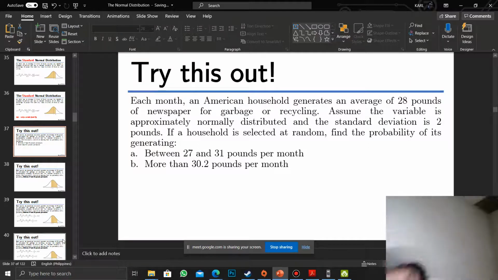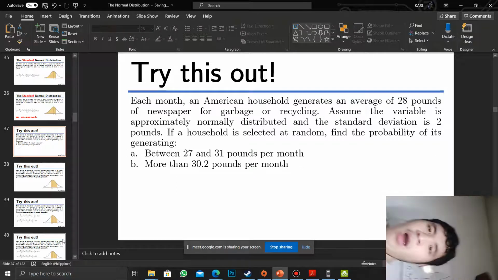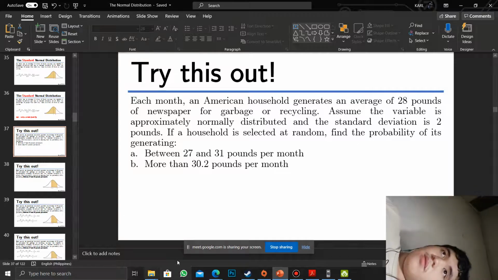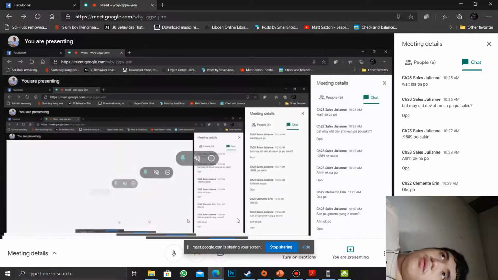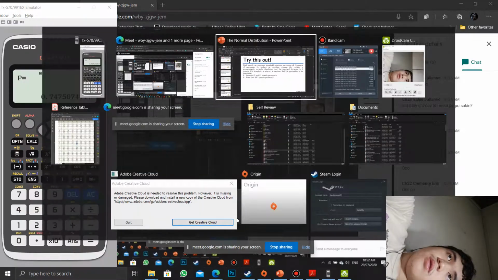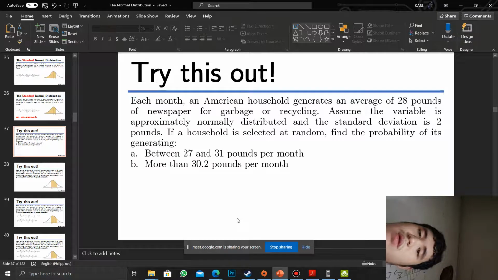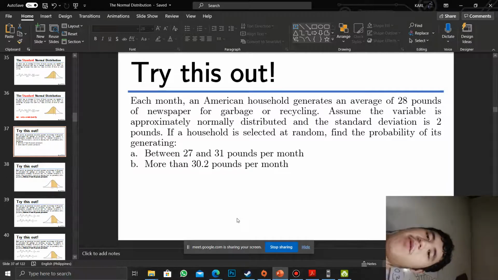Gusto ko makuha nito lahat. Same process lang sa kanina, no? Pinapasok lang natin sa specific fields yung mga values natin.